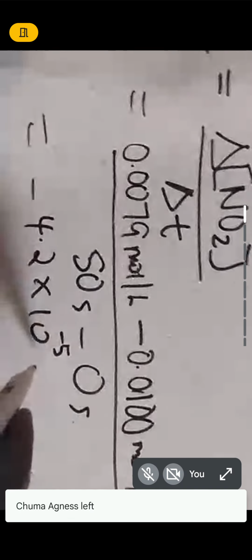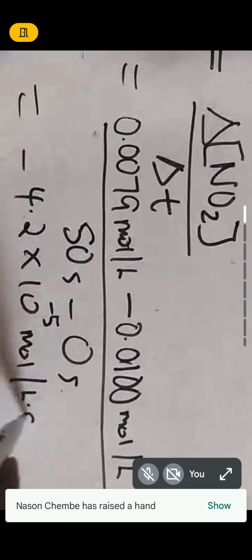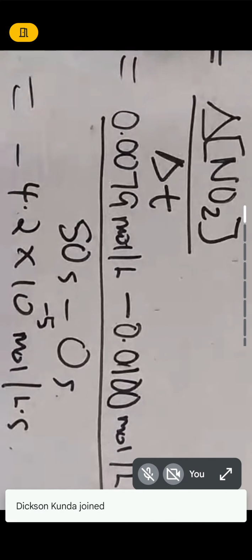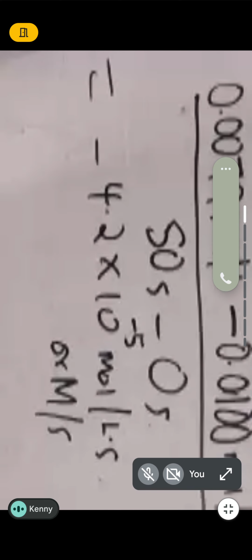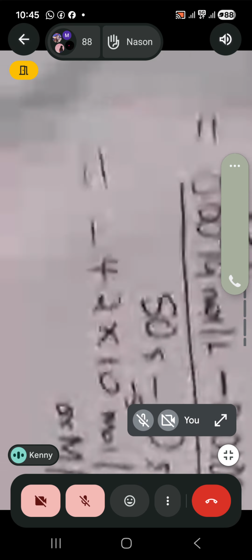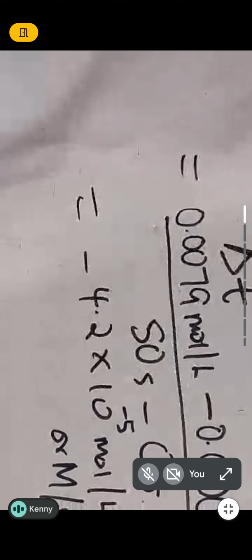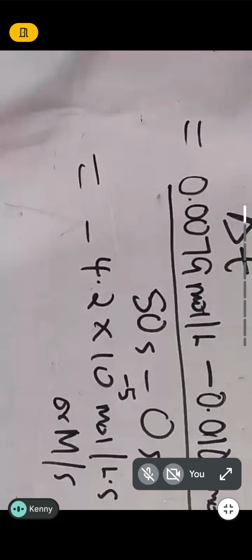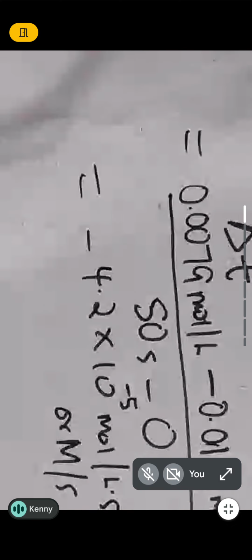The units will be mole per liter second, or if you're using molar, molar per second. You can see here that the rate is negative. We have found negative 4.2 times 10 to the power negative 5 mole per liter second, or molar per second.